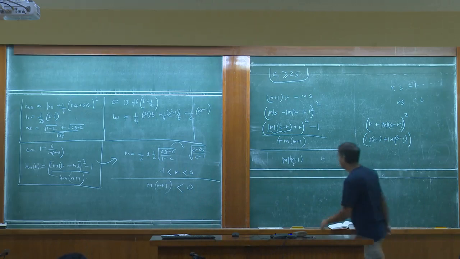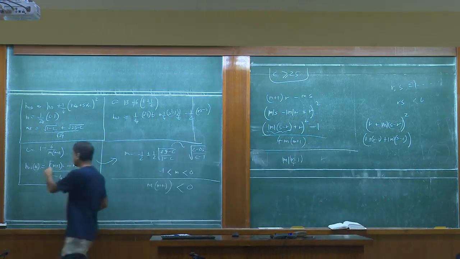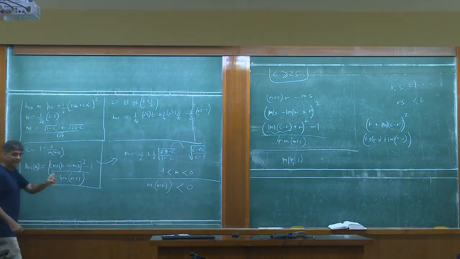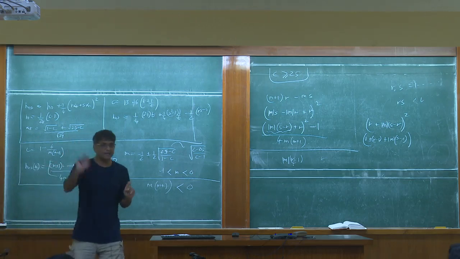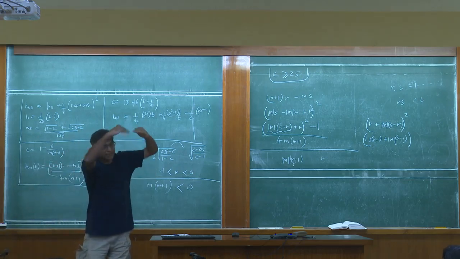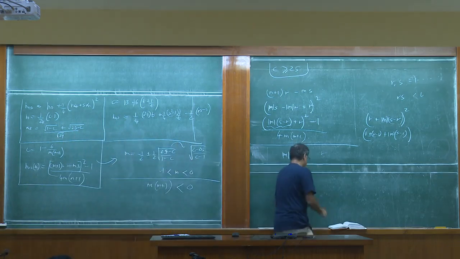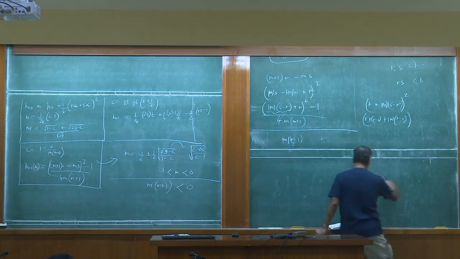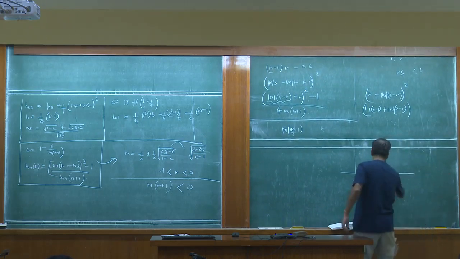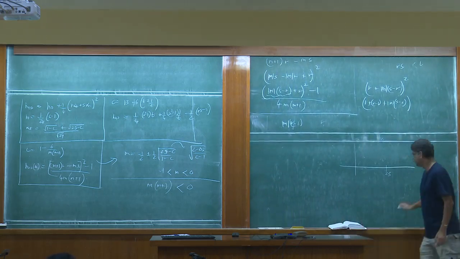And therefore we have proved that this curve in the region C greater than 25 lies entirely below the h-axis. So if we look at all these curves for C 25 and greater, the curves lie somewhere here.